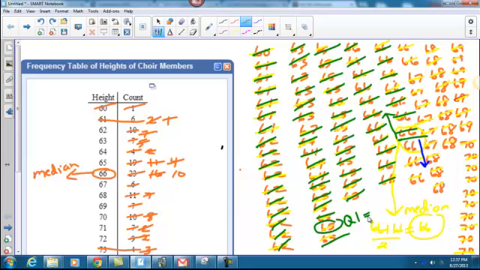And it looks like that is a 65, because there's 19 65s.